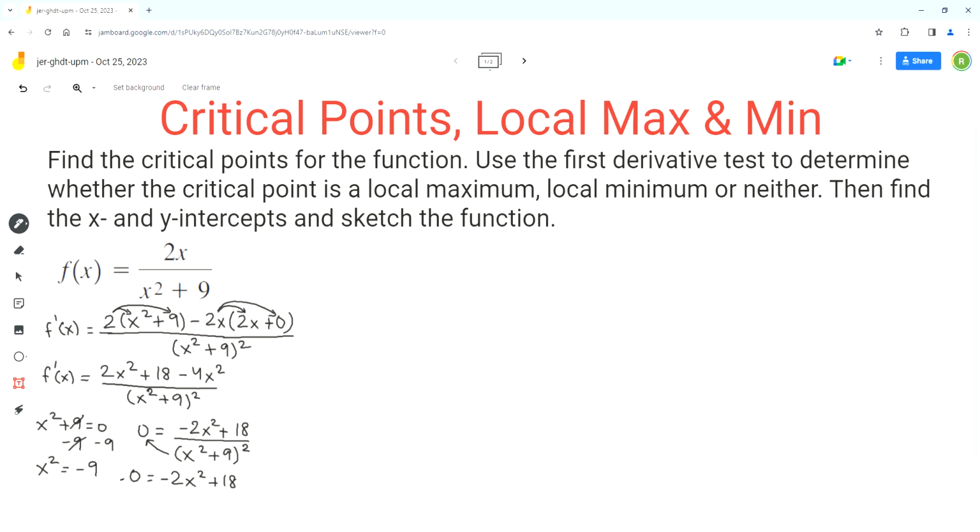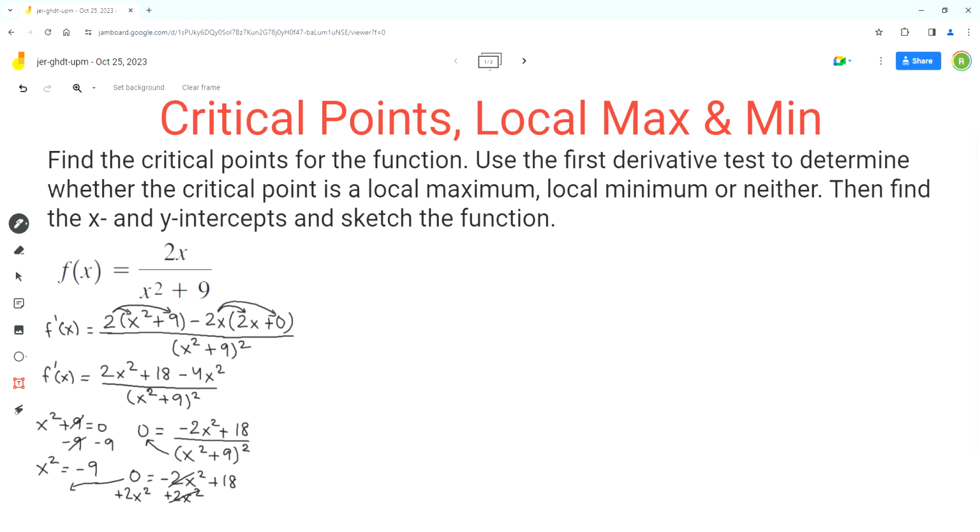Now we can add 2x squared to both sides. So the 2x squared on the right side cancels out, and we'll just move it to this side to save some space.